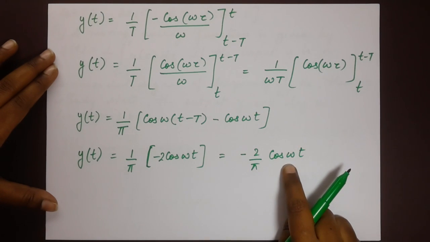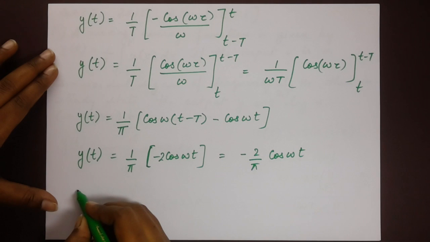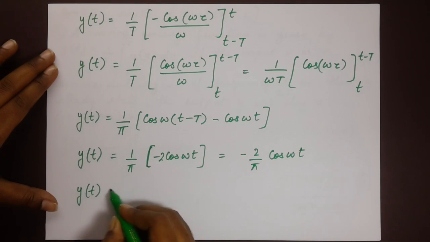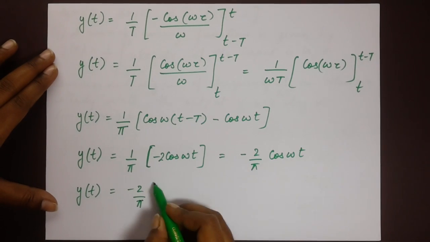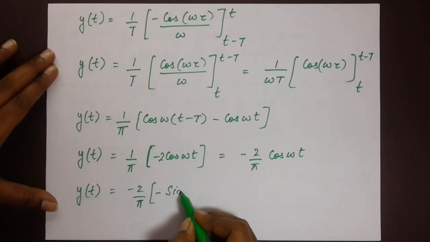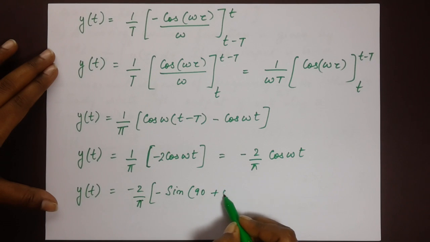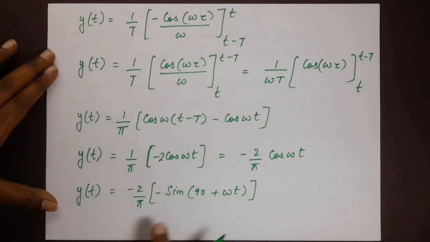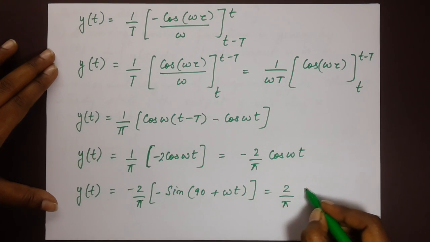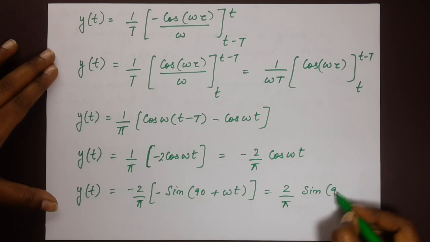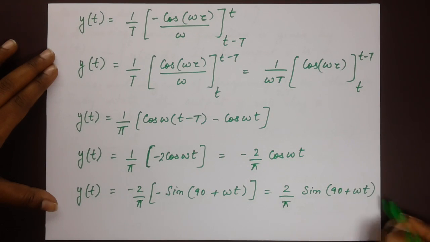Now if we write this in terms of sine, in terms of the input signal, minus 2 by pi cos omega t can also be written as minus sine of 90 plus omega t. Sine of 90 plus theta is cos theta. So minus sine of 90 plus theta is minus cos theta. So here this becomes a positive expression, 2 by pi sine of 90 plus omega t.